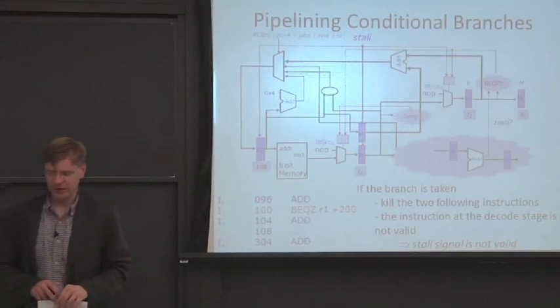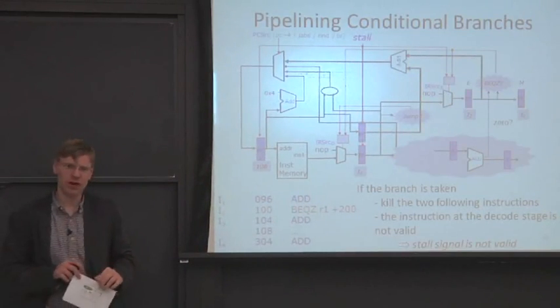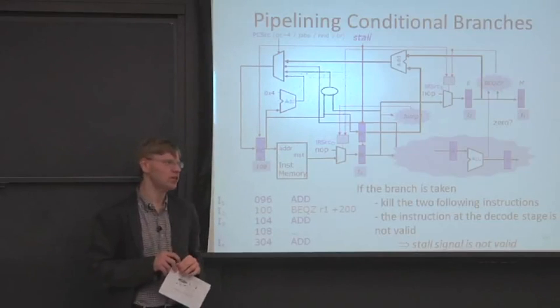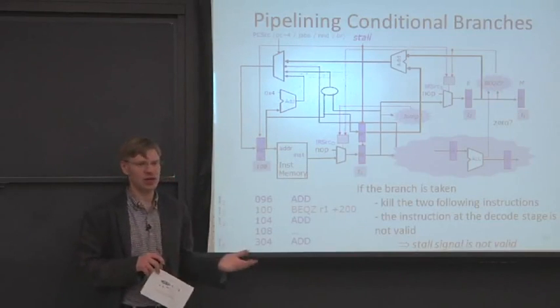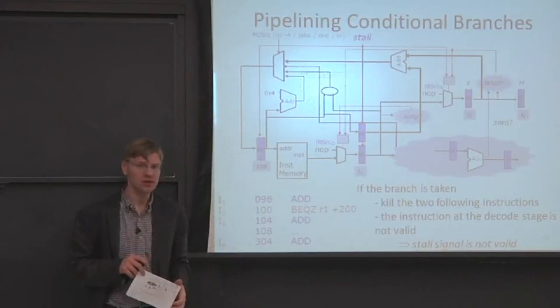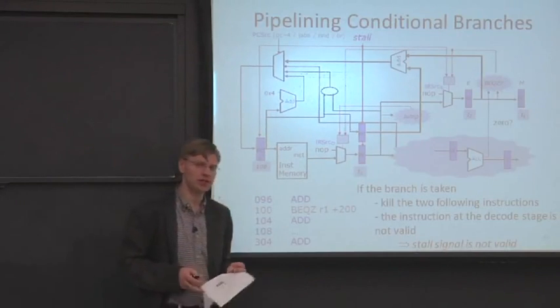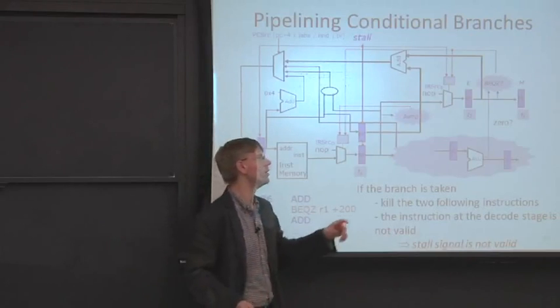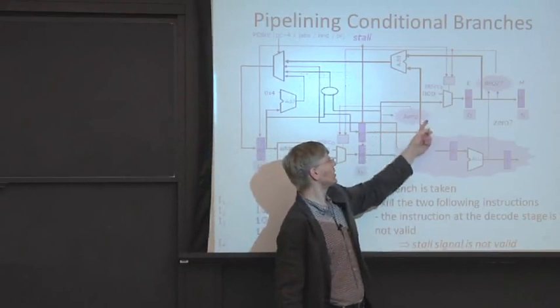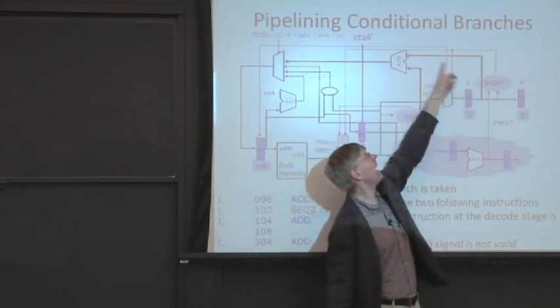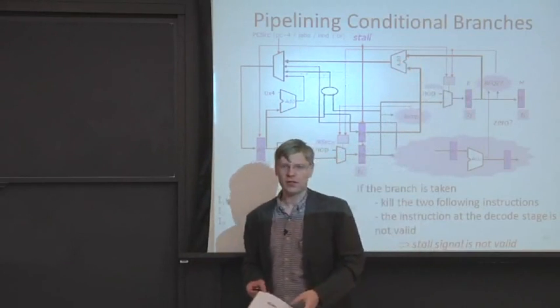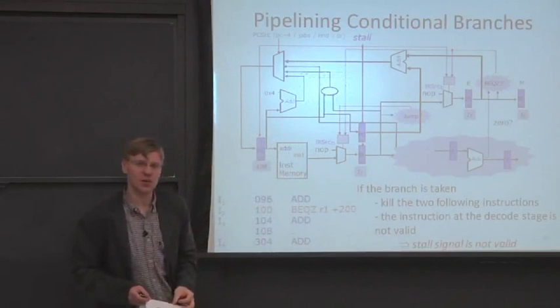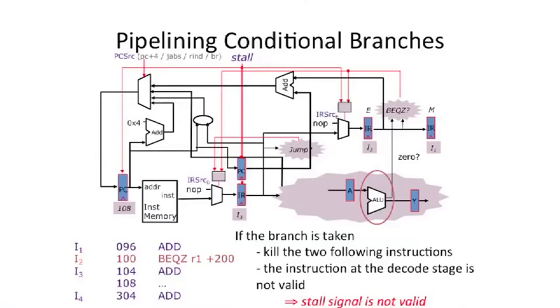The other thing that's important here for branches is we need to figure out the address that we're actually branching to. And we'll talk about this more when we get to branch prediction later in the course. But what you're going to have to do is take the PC plus 4 and add it to the branch offset, because on something like MIPS, there's PC relative branching.